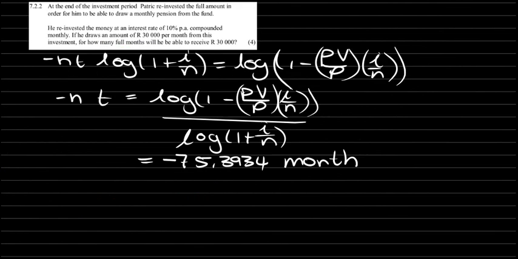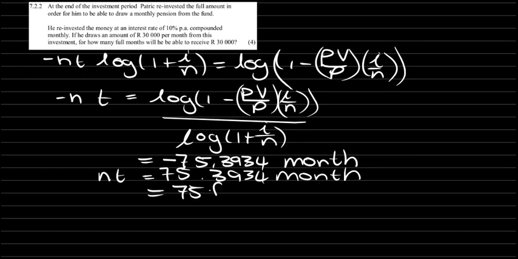We don't like the negative there, so when we divide both sides by minus 1, we have NT equals 75.3934 months. But they want to know how many full months. There are only 75 full months in 75.3934 months.